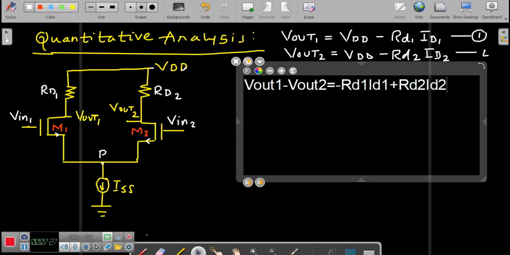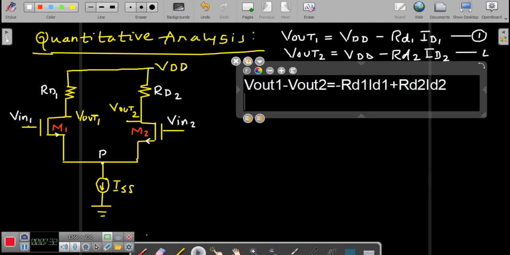So, we can also write this equation as, since my RD1 is equal to RD2 which is equal to RD, I can write this as RD into (ID2 minus ID1). So now we have got Vout1 minus Vout2 is equal to RD into (ID2 minus ID1).